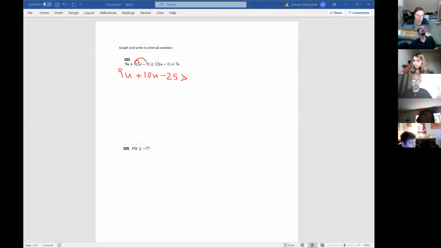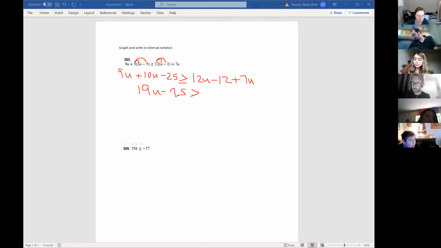Okay. Did you do that on both sides? Yes, so then it's 12u minus 12 plus 7u. Okay. And then combining like terms, the left side is 19u minus 25 is greater than or equal to 19u minus 12.